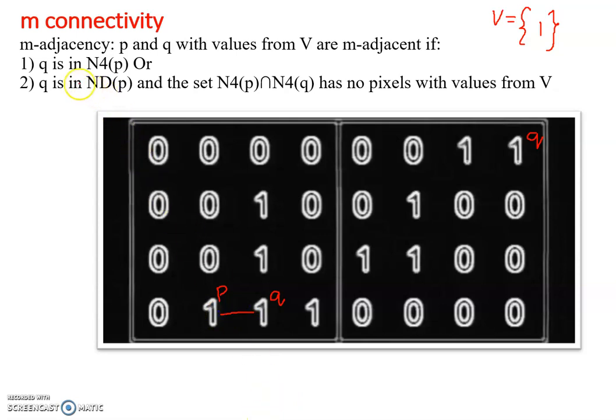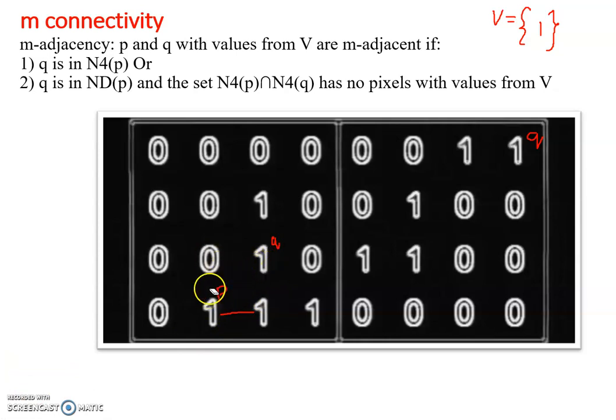If I consider the second condition, I can mark a connection if Q is the diagonal neighbor of P. Consider this is my Q, and I can make a connection from P to Q.